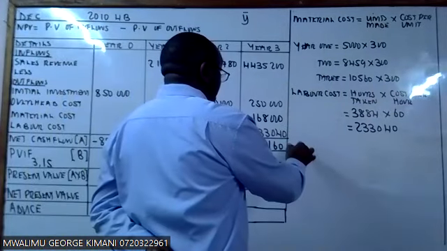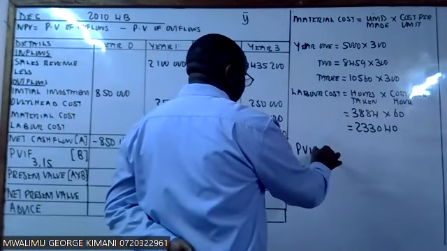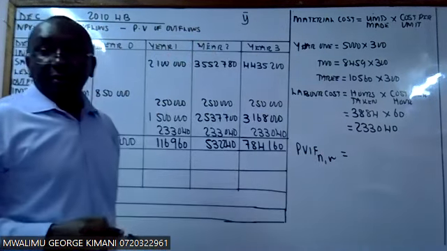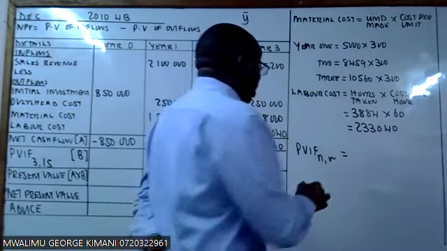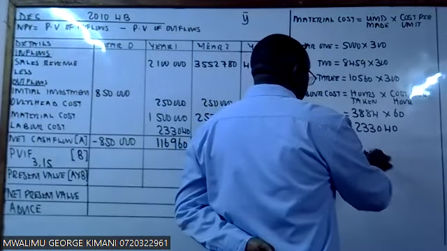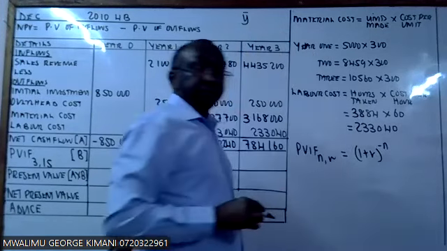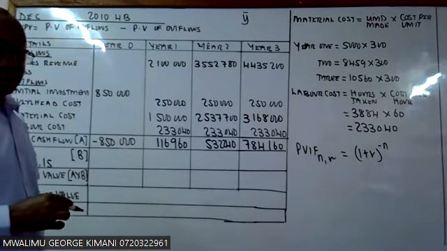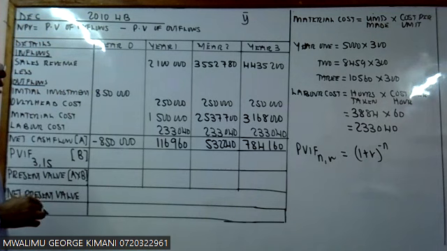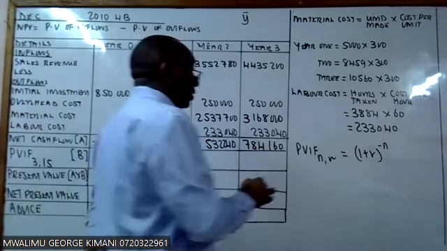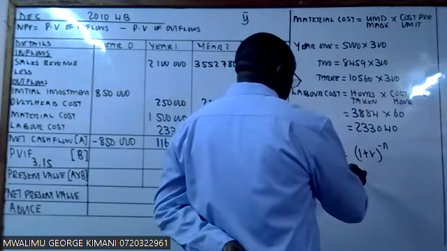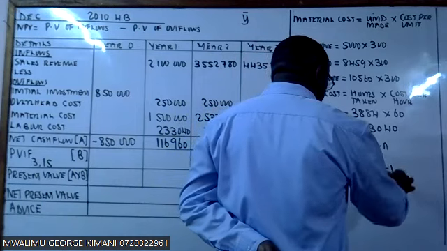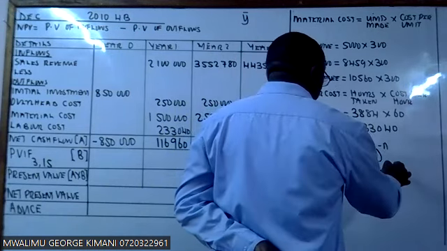How do we get the PBIF? You can read from the tables, or you can say 1 plus R raised to the power minus N. So for the first year, it will be 1 plus 0.15 raised to the power minus 1, not minus 1, raised to the power 0.